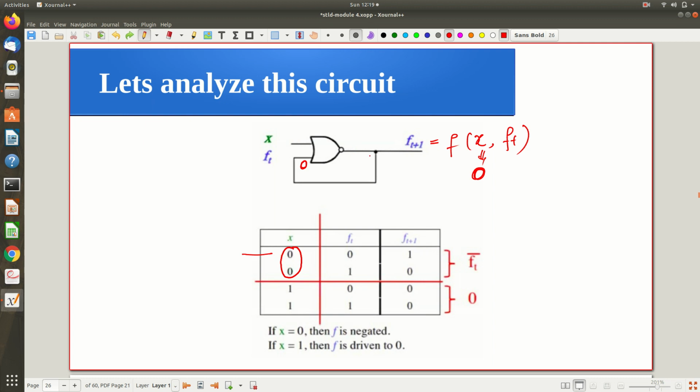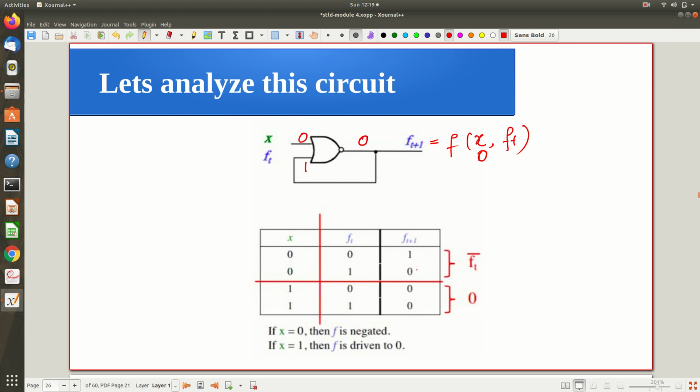Now with x equal to 0 itself but f(t) equal to 1, when you apply f(t) as 1, one of the inputs of the NOR gate is 1, so the output of the NOR gate will be 0. Is that concept clear? Because the OR operation will give you 1, negation will give you 0.